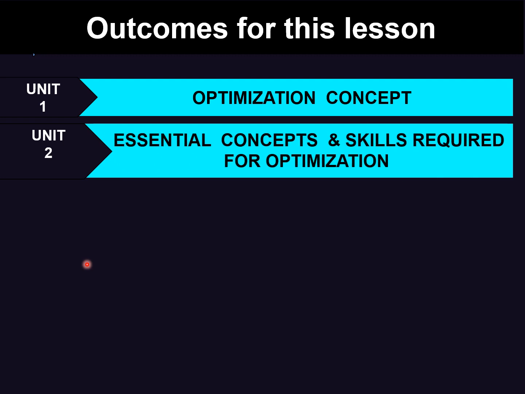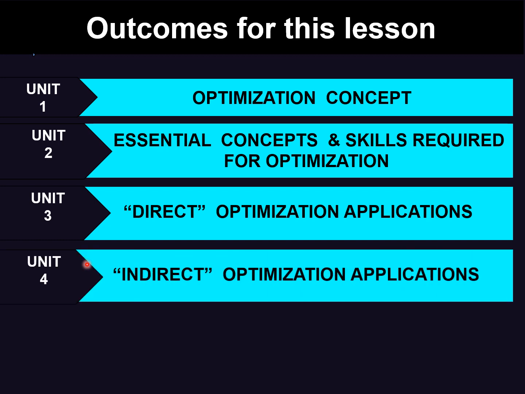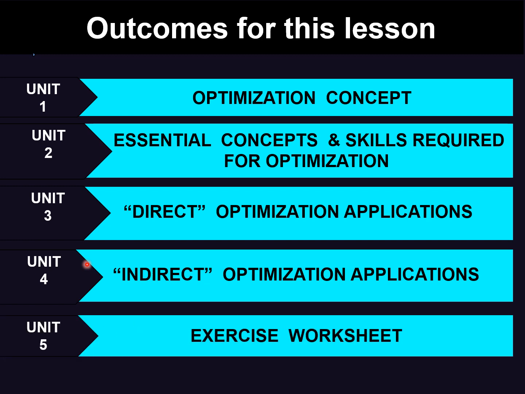Then we're going to look at what are the essential concepts and skills you require to do optimization. And then we're going to do two types of optimization applications. The one I refer to as direct, and the other type will be indirect optimization applications. And then as usual with all my video lessons, there'll be an exercise worksheet based on these concepts and skills.